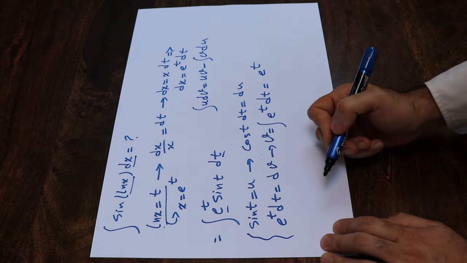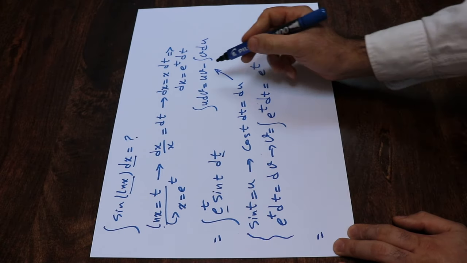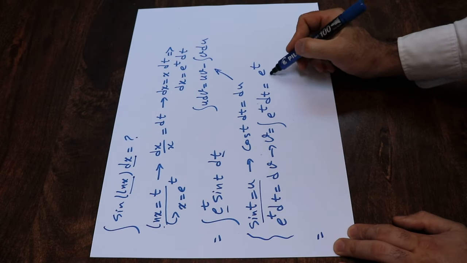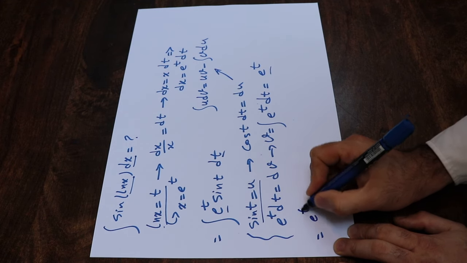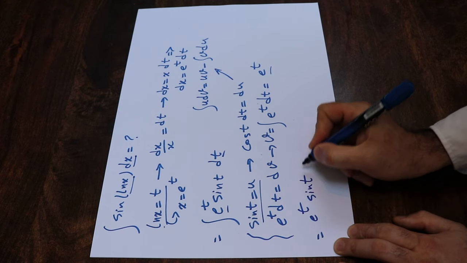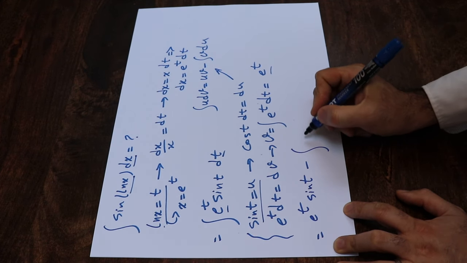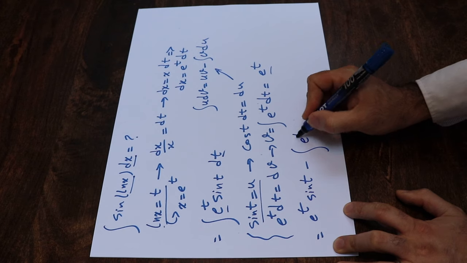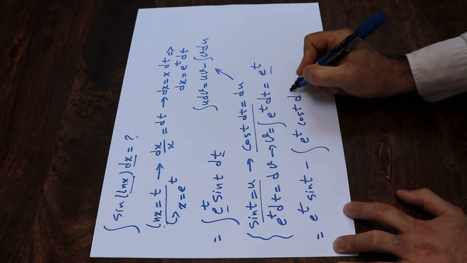Now if you substitute into this formula, this integral will be equal to uv, that is e to the power of t times sine t, minus the integral of v, that is e^t, times du, and du is equal to cosine t dt.